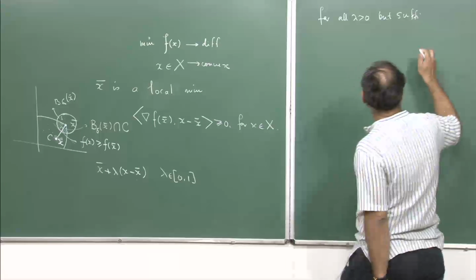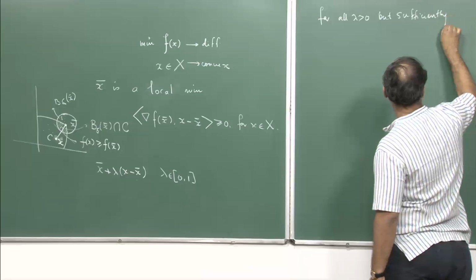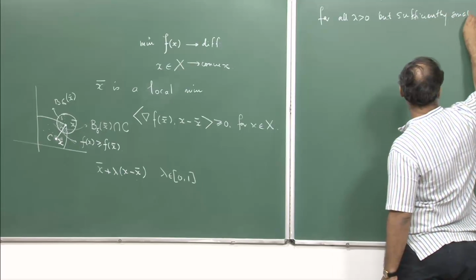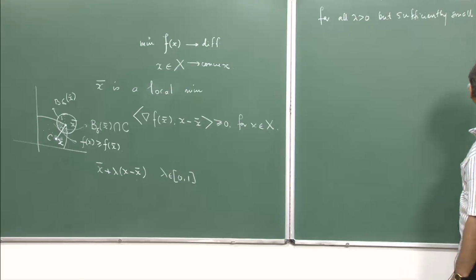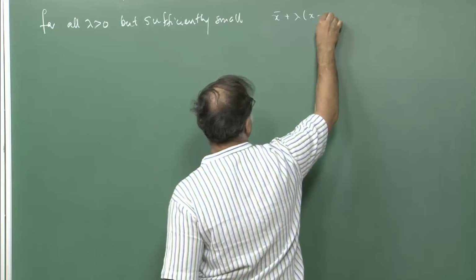So, for all lambda greater than 0, but sufficiently small, you have that x bar plus lambda times x minus x bar belongs to this.